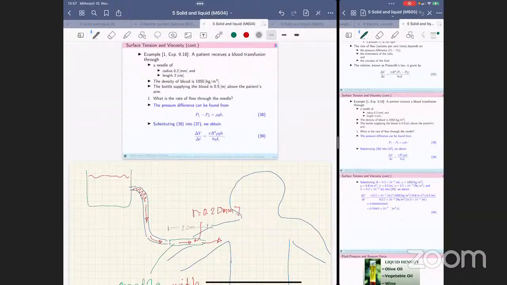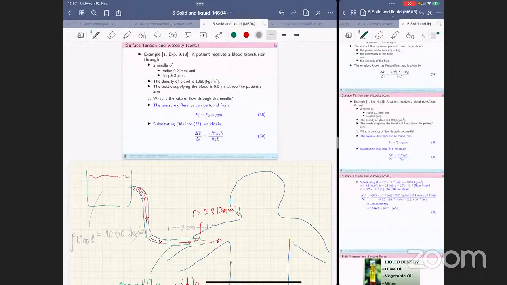And the density of the blood inside the container, rho of blood, is 1050 kg per cubic meter, right?